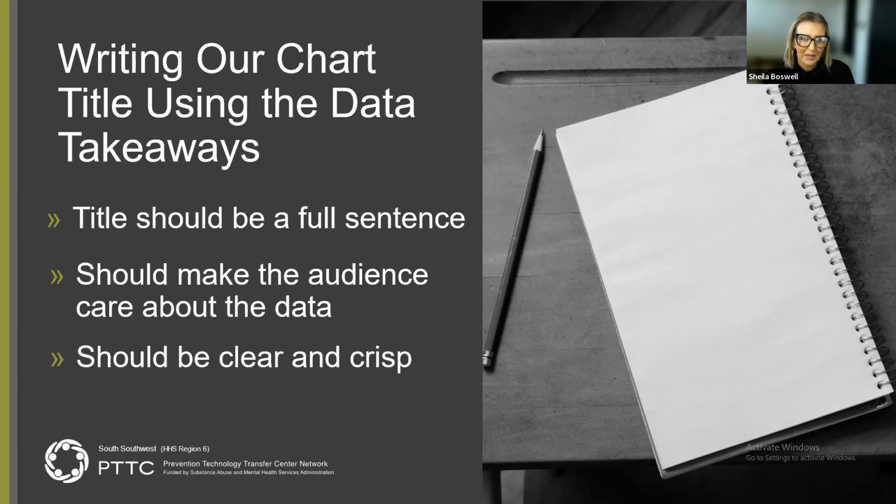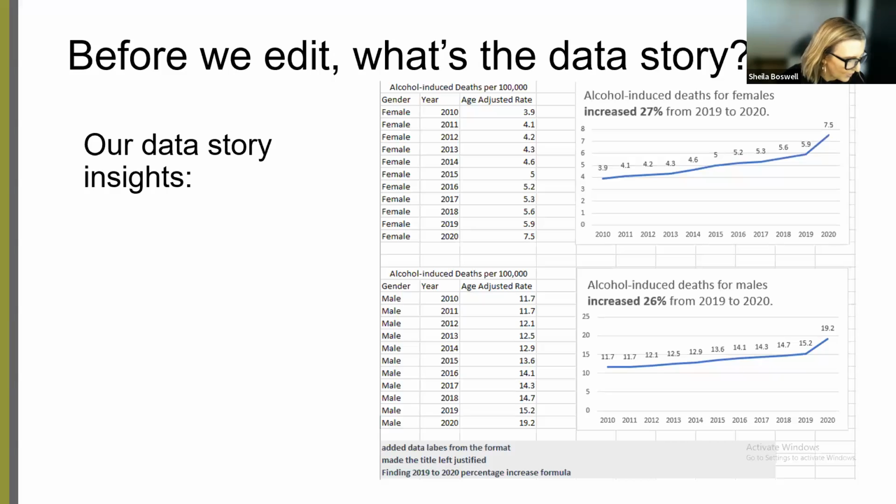But the first thing I want to do is go back into Excel and put our takeaway. Our title is going to be a full sentence, just like we did with the last chart. We want it to make the audience care about the data, and our title is going to be crisp and clear.